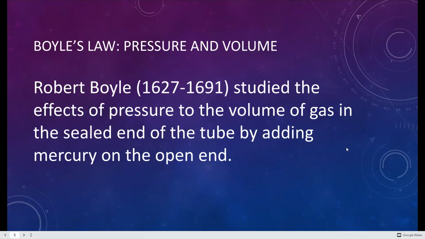Boyle's law: pressure and volume. The proponent of Boyle's law is Robert Boyle, who studied the effects of pressure on the volume of gas in the sealed end of a tube by adding mercury on the open end, just like your mercurial thermometer, or your mercurial blood pressure kit.